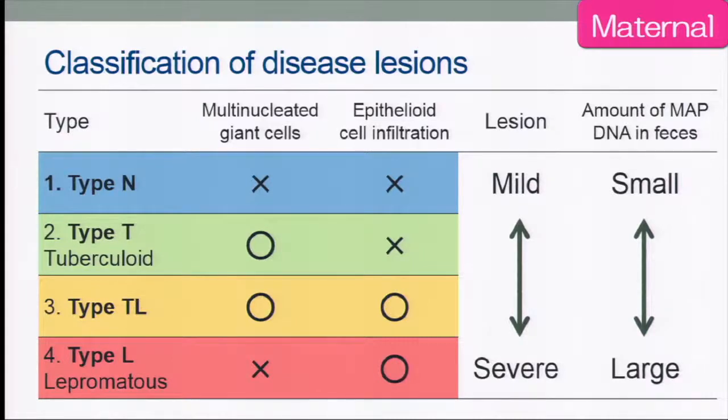TL-type showed both tuberculoid type and lepromatous type, and L-type, lepromatous pathology consisting of epithelioid cell clusters, was observed. The severity of lesion is accompanied by a shift from N-type to L-type. Likewise, the amount of MAP DNA also increases with this type shift.